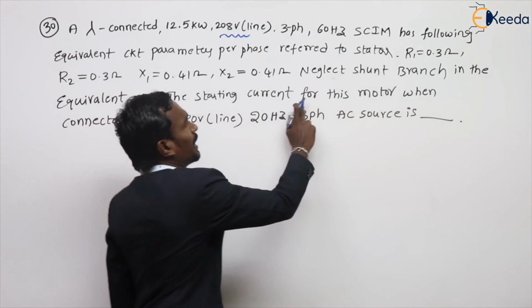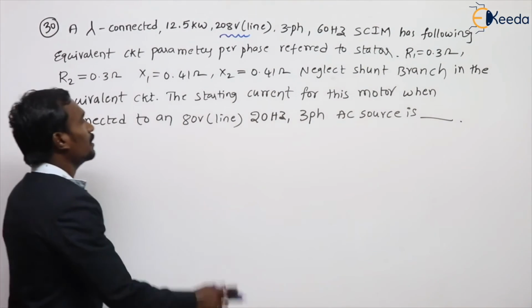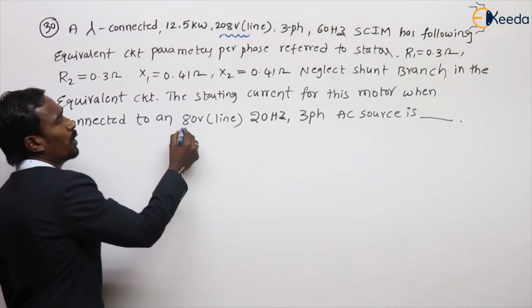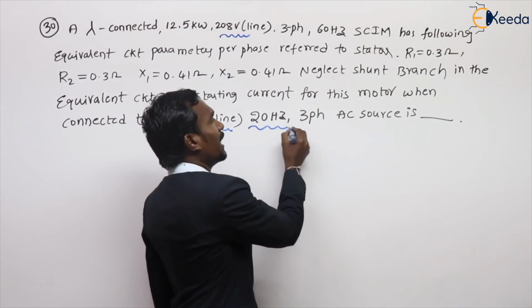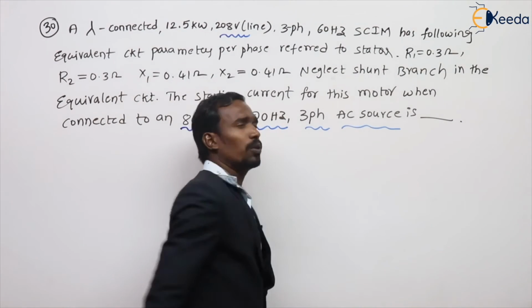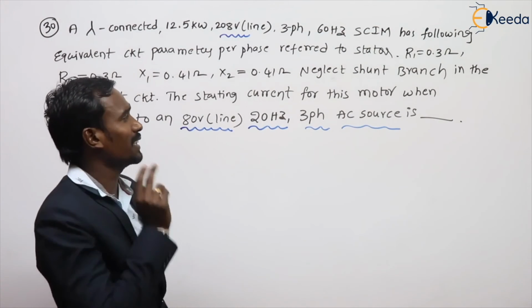Find the starting current for this motor when connected to an 80 volts 20 Hz 3-phase AC source.